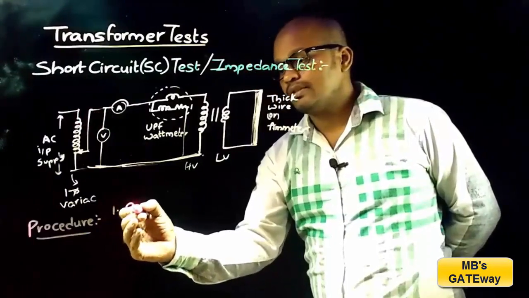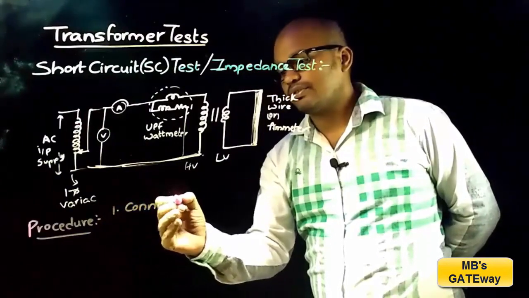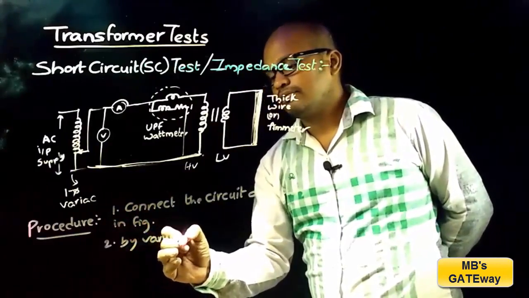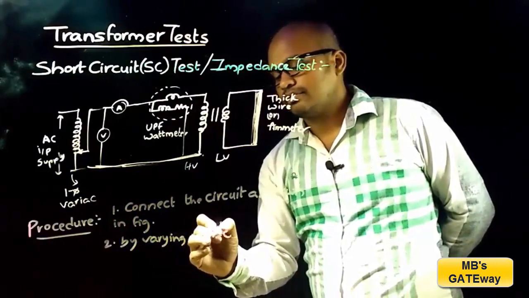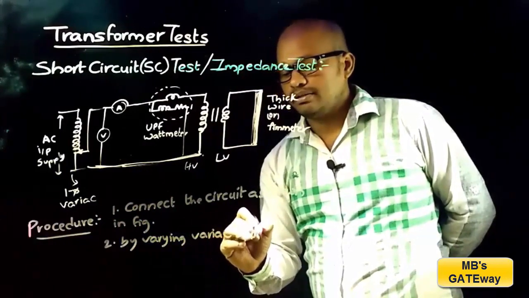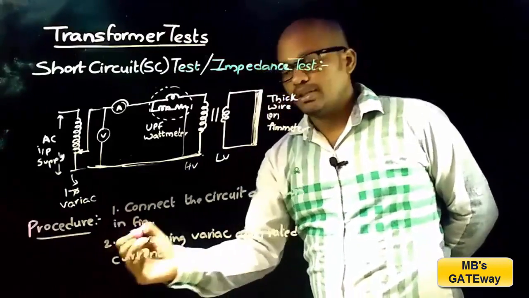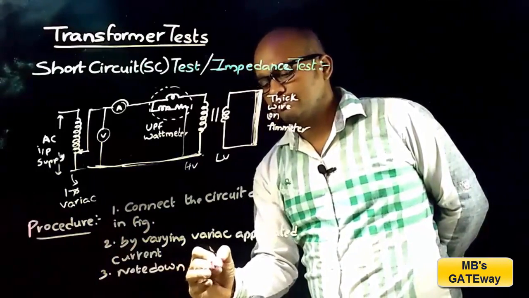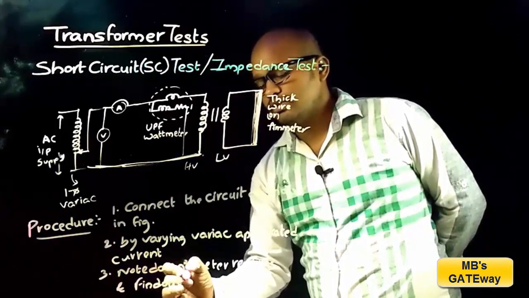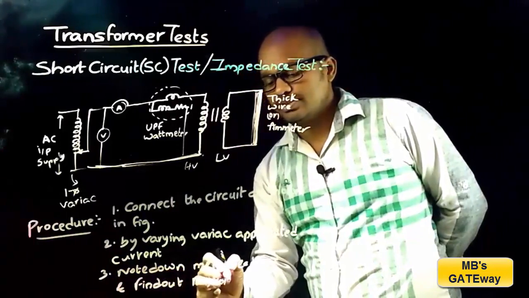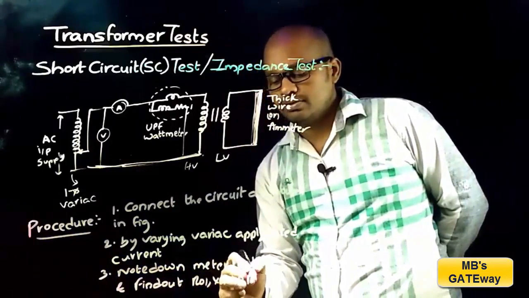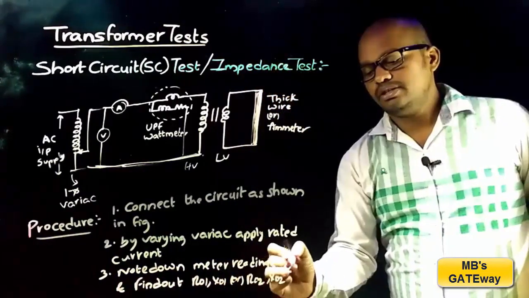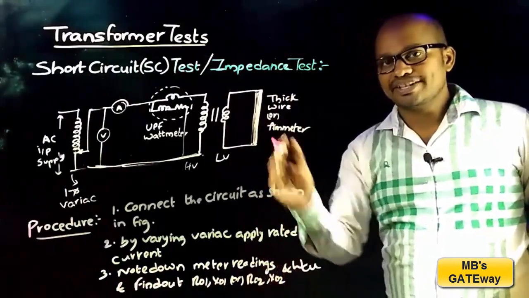Procedure: the first step is connect the circuit as shown in figure, and the second step is by varying variac apply rated current, and then the third step is note down meter readings and find out R01, X01 or R02, X02 and copper loss of the transformer.